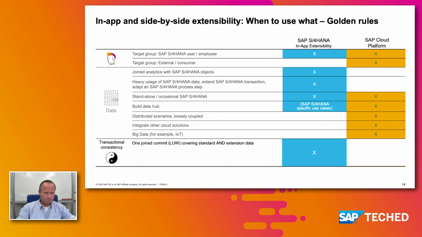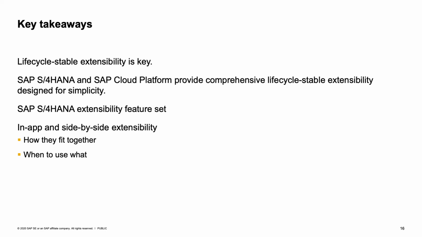Now let's go ahead with having a look at the key takeaways. So the key takeaways, first of all, what you've seen in this session is that S/4HANA Extensibility has two flavors, in-app and side-by-side. You've seen how both flavors of extensibility fit together, how they interact, and when to use what.